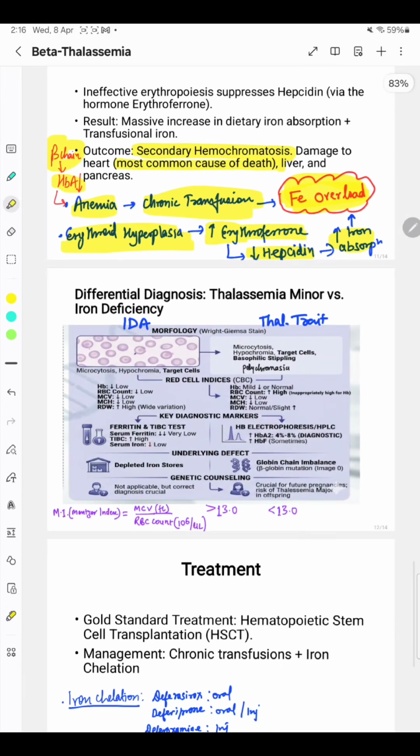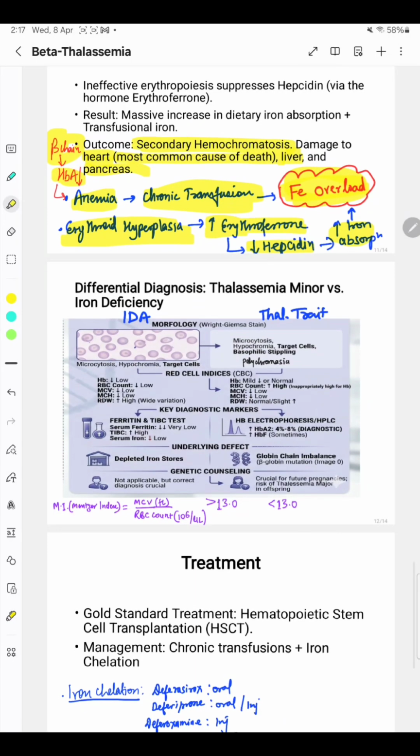This iron overload is known as secondary hemochromatosis, and it causes damage to the heart, which is the most common cause of death in beta thalassemia. This secondary hemochromatosis may involve the liver and pancreas.